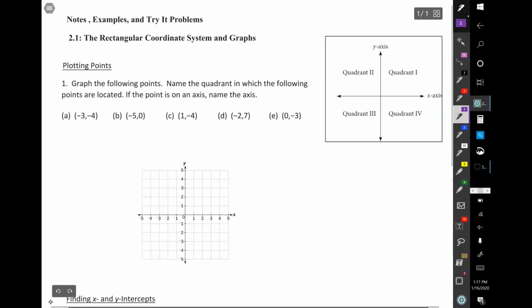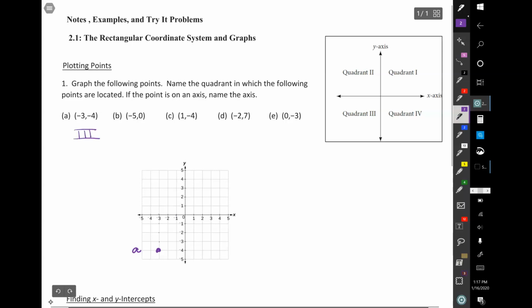So I'm hovering my pen over the 0, and then I'm going to move 3 units to the left, but I'm not going to plot anything yet because my vertical change is -4. So I want to go over to that -3 and then down 1, 2, 3, 4 units and plot that point. So that is point A, and I'm going to label that there. And the quadrant that is in is quadrant 3.